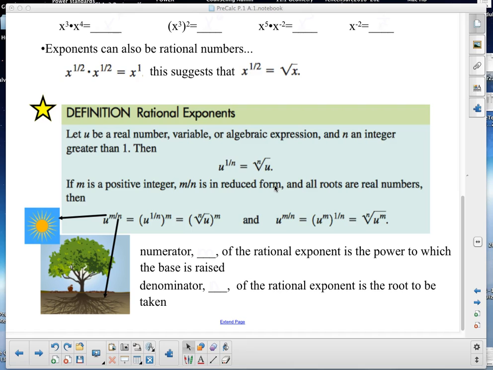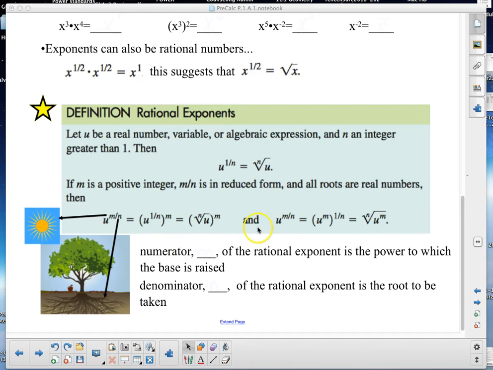And u raised to the m/nth power is also equal to the quantity u to the mth raised to the 1/nth power, which is still the nth root of u to the m power.